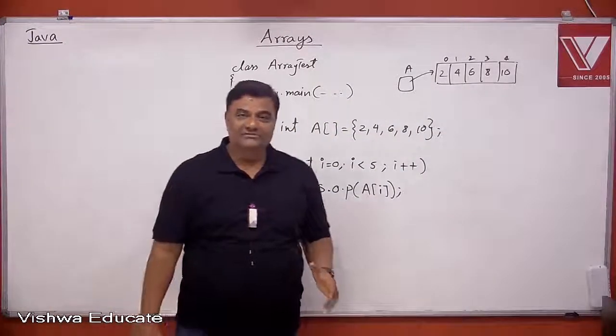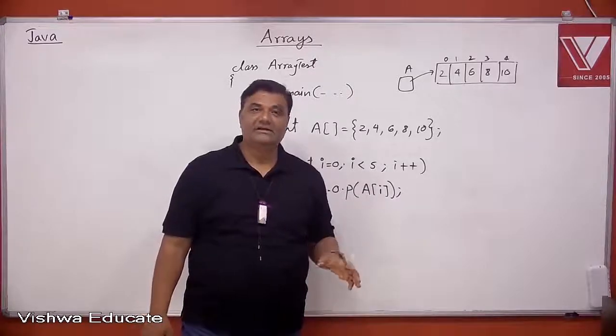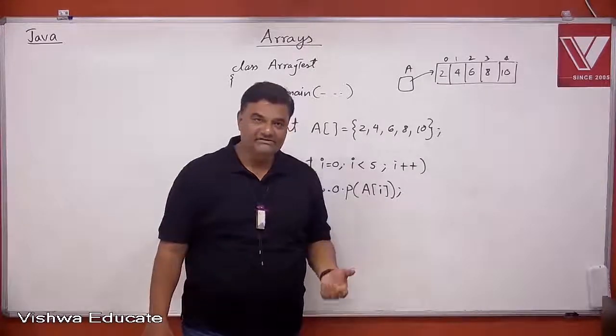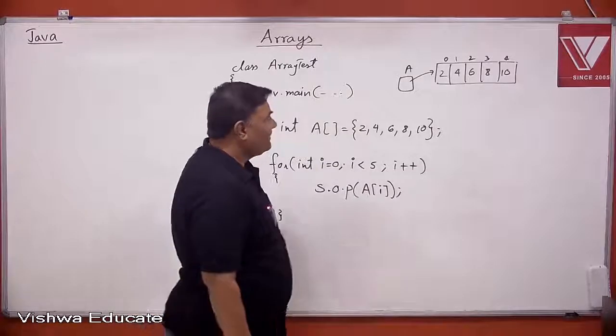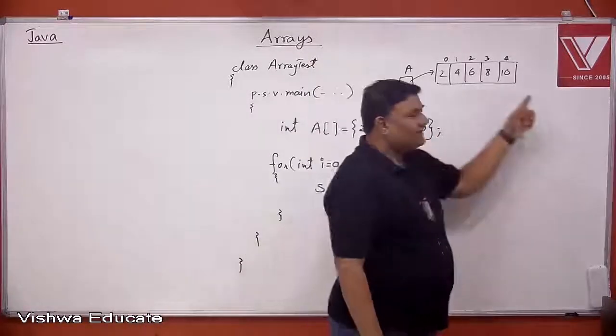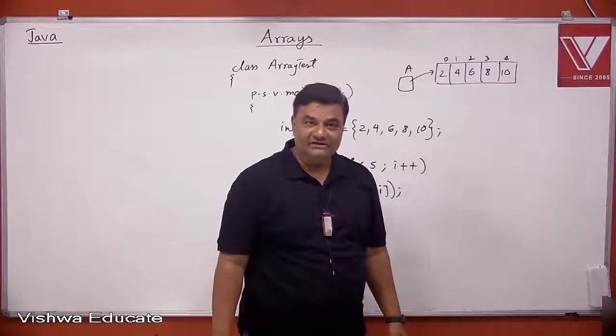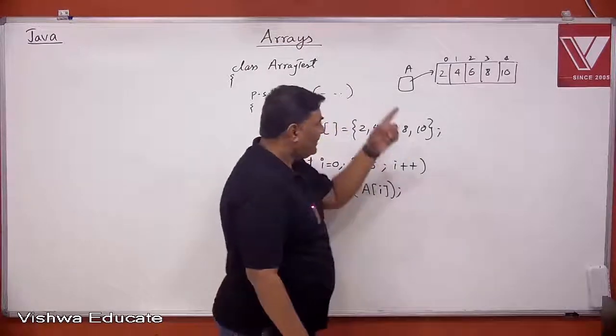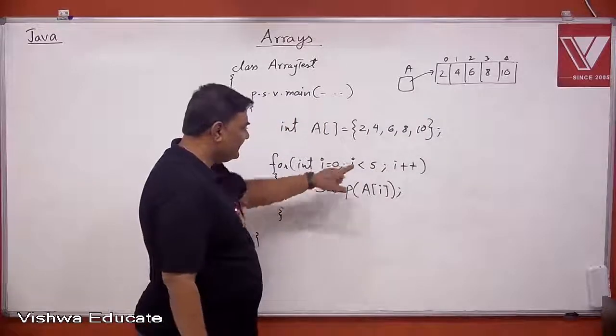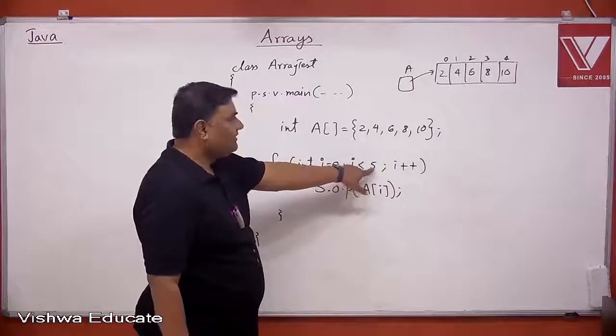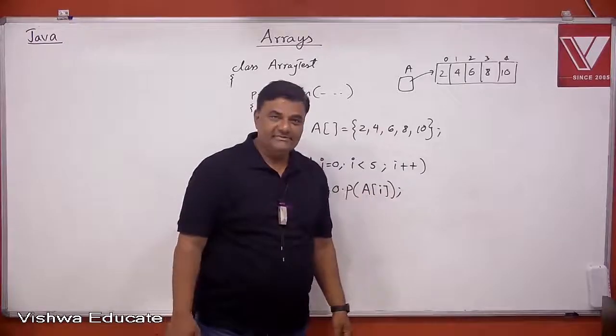Now we will learn a few more important things about arrays. See, what is the length of this array? 5. The size of the array is 5. So if I should know the size, then I should write down 5 here. This was the practice in C and C++.